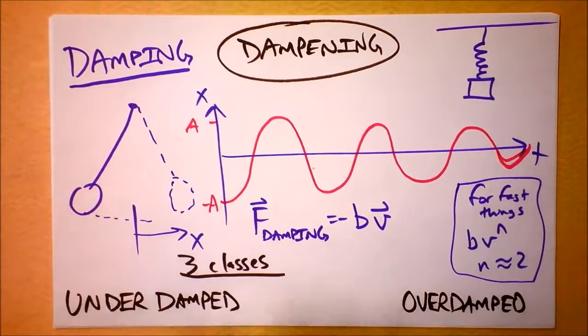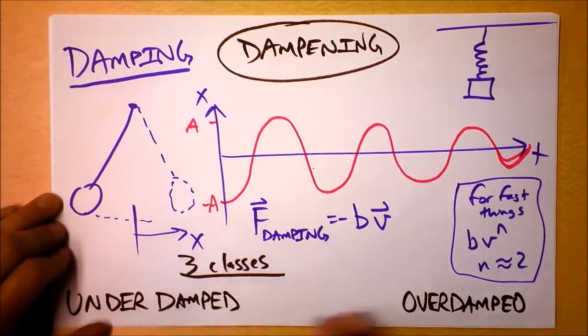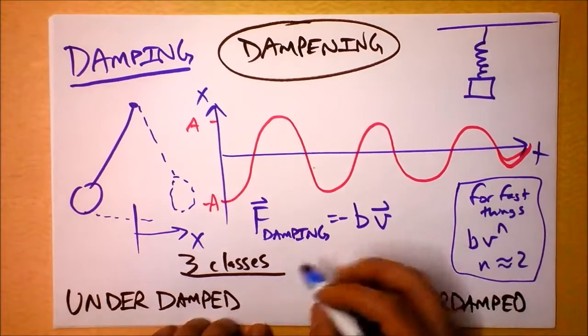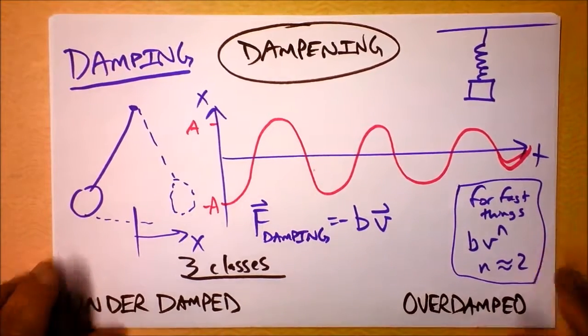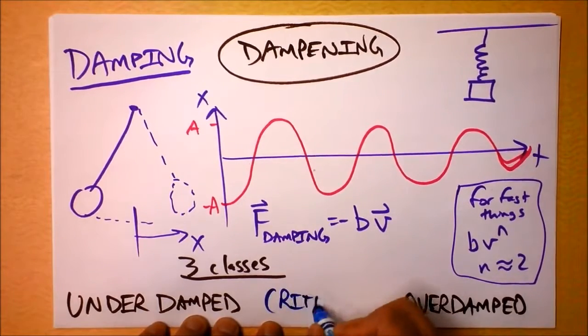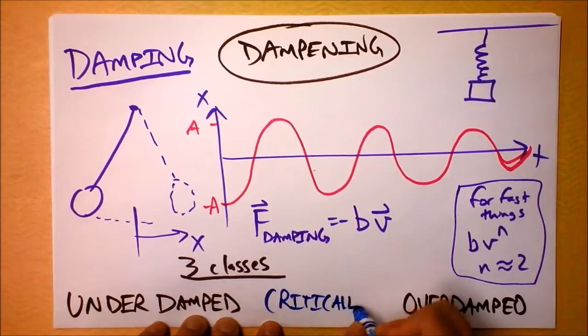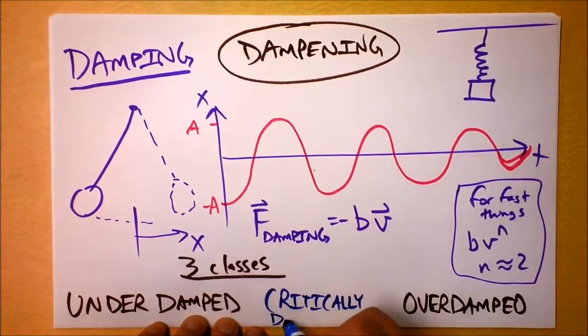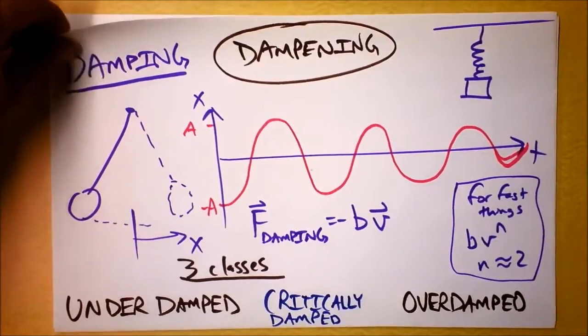This is like Papa Bear, and this is like Mama Bear, and this is like Baby Bear. Just right. Critically damped. And I want to talk about these 3 types of damping with examples.